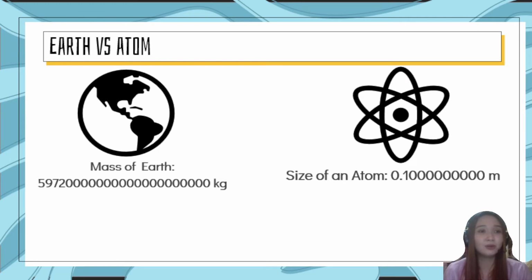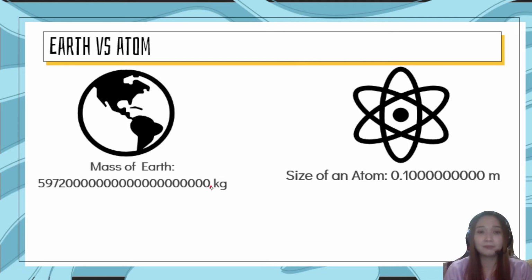Okay? So, i-try nating i-convert sila using scientific notation. So, let's start with the mass of the Earth. Ang una yung technique na gagawin is to locate where is the decimal point. Okay? In this case, the decimal point is here. So, ang goal natin, 'di ba, is mapaunti yung zeros or numbers or digits na nandun sa quantity na yon. So, we have to eliminate the digits.